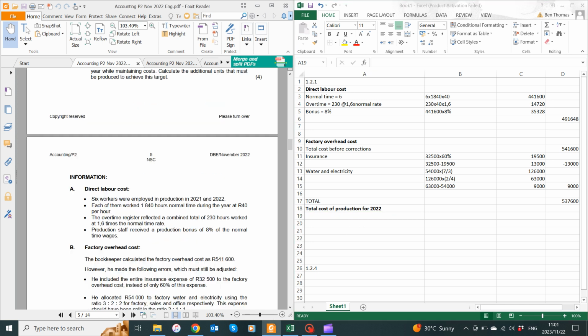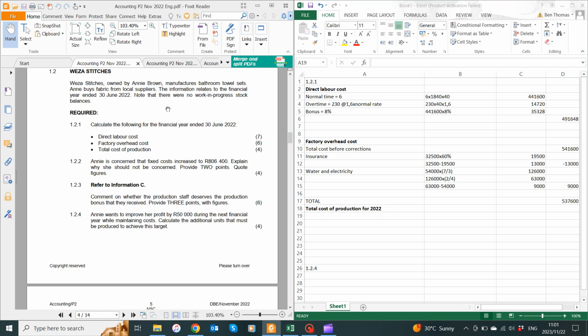Now guys, remember earlier they said that there were no work in progress stock balances. Now work in progress just means items that are ready or in the process of being completed.